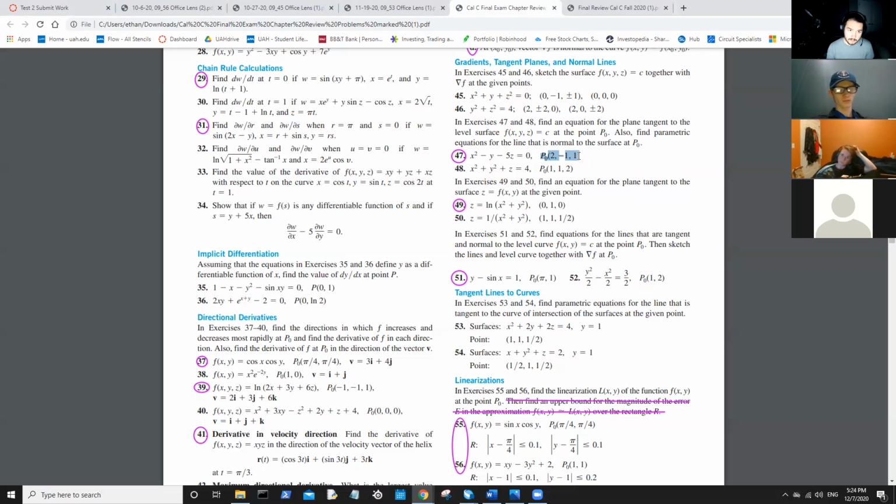Each coefficient is multiplied by x minus the corresponding entry from the given point. So in this instance, you would take 4 times x minus 2, and then the next entry is -1 times y plus 1, because y minus -1 is y plus 1. And then the next entry is -5 times z minus 1, equal to 0.